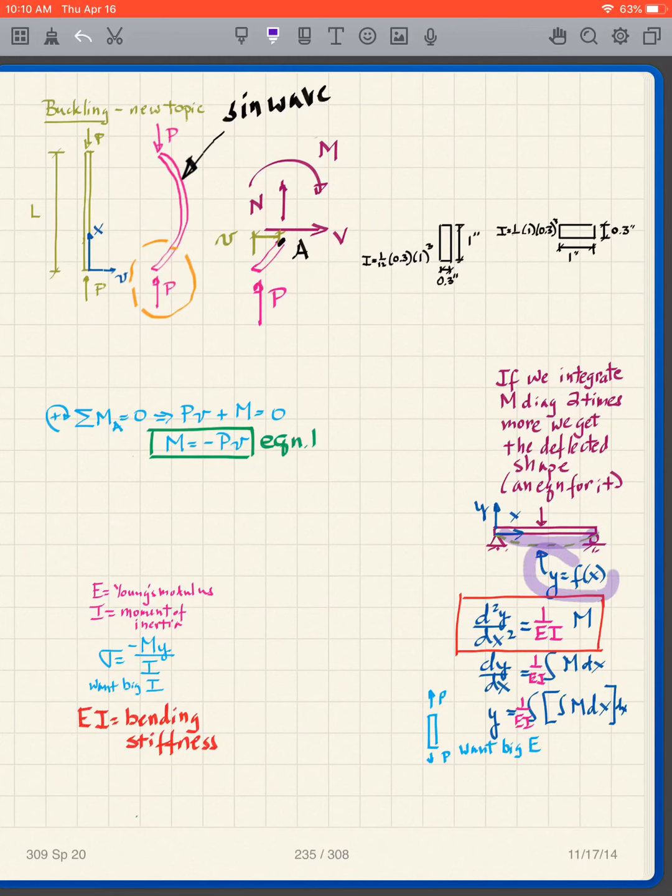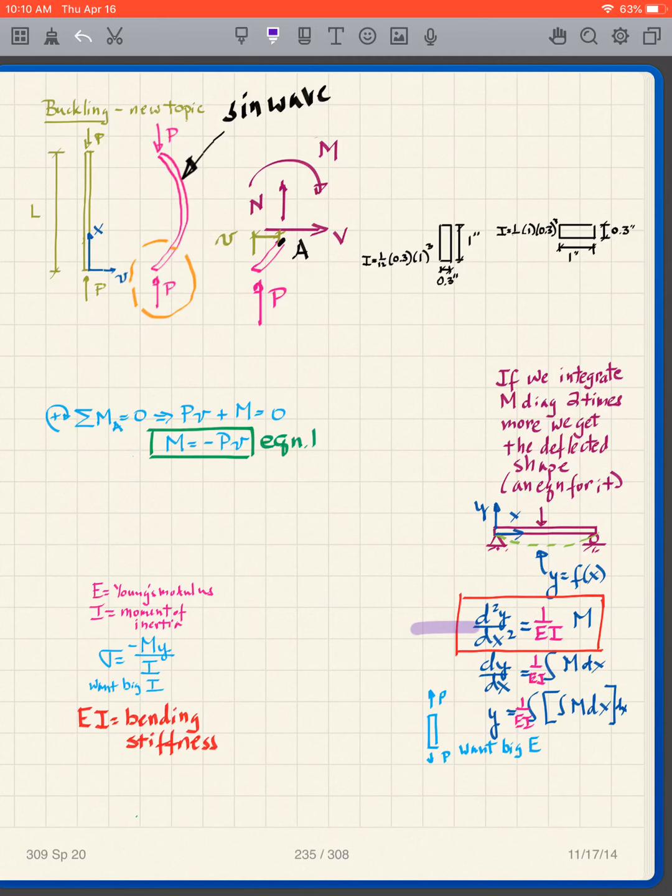I can write an equation for that, y is equal to f of x for that shape. It sort of looks like it might be a parabola. So that means that the second derivative of y with respect to x is equal to 1 over EI times m. What does that mean?